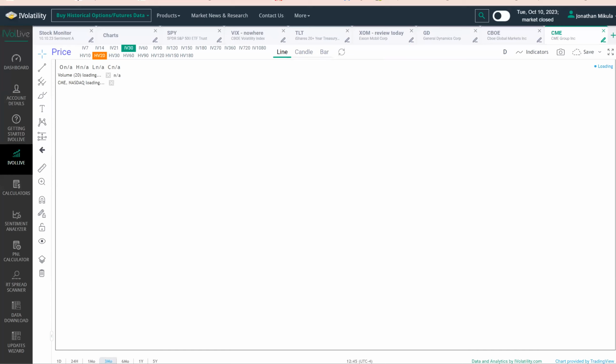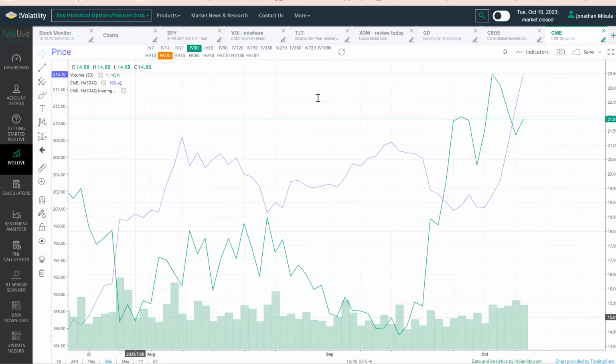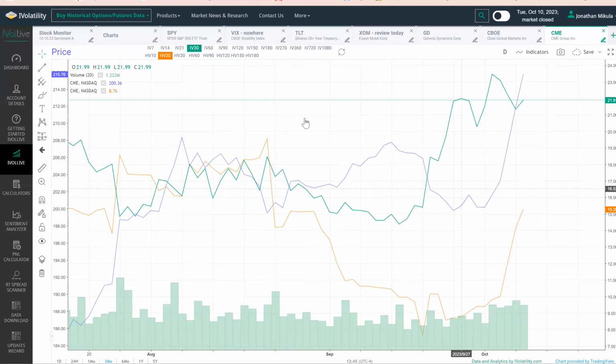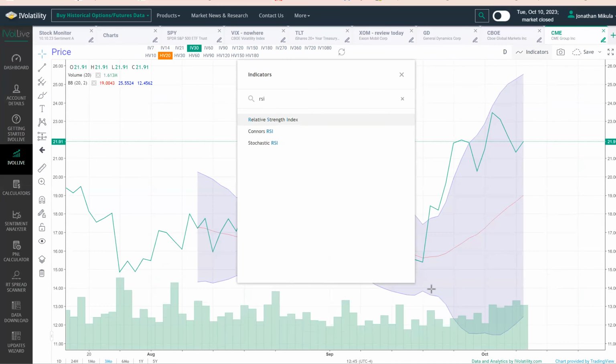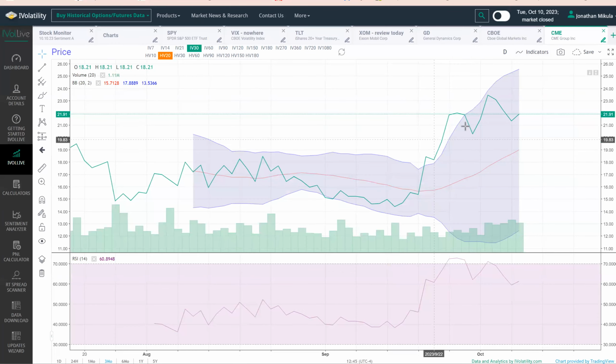Some other cool things you could do with this chart view. I know I showed how to draw on the other one, but here what you have is just CME's implied volatility. Another thing I like to do is isolate that implied volatility and then throw a couple technical indicators against that, because I like to see, is implied volatility going to continue higher, or is it going to go lower?